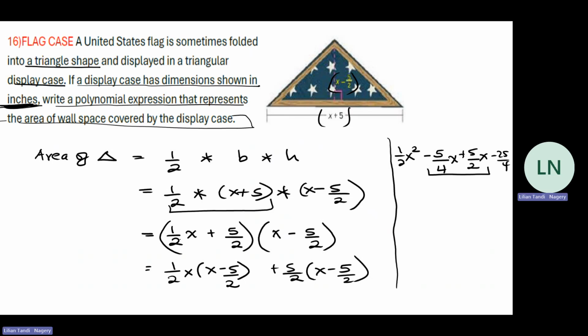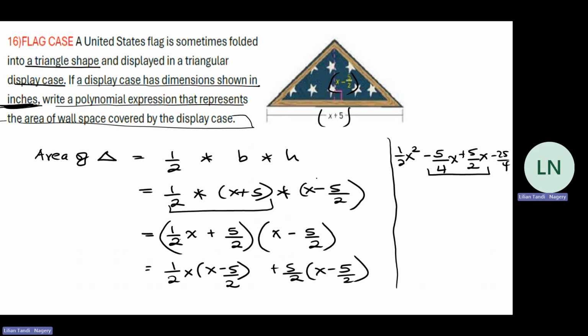These are like terms. So in your calculator, fraction negative 5 over 4 plus fraction 5 over 2. You should get 5 over 4.